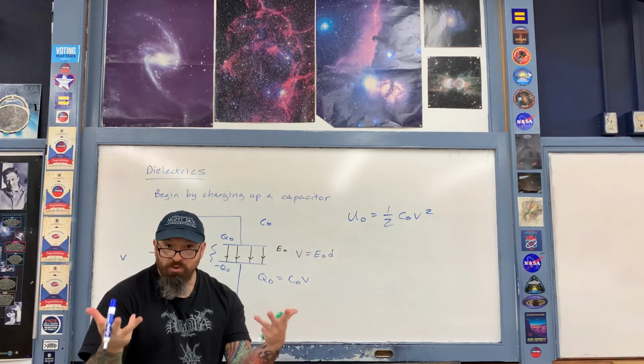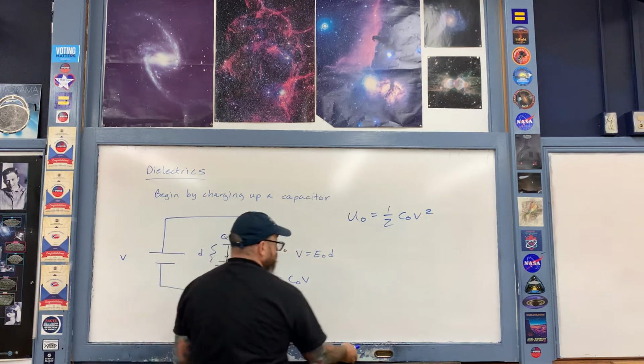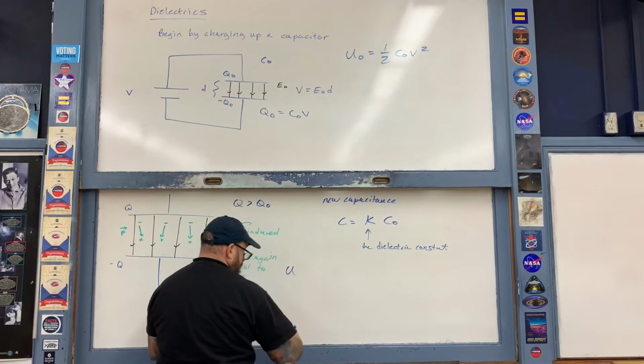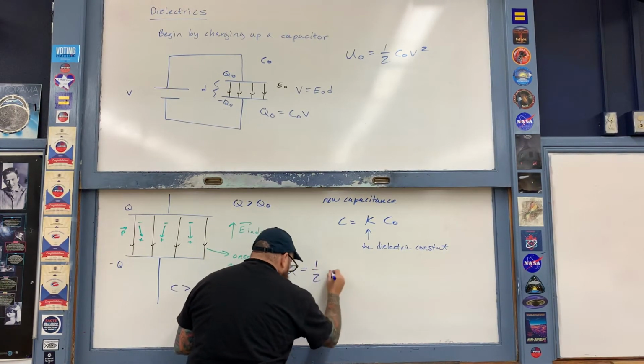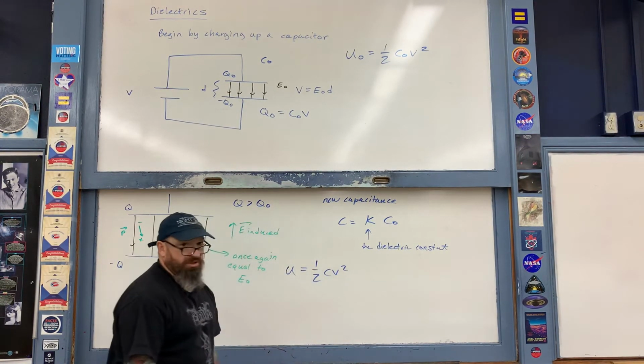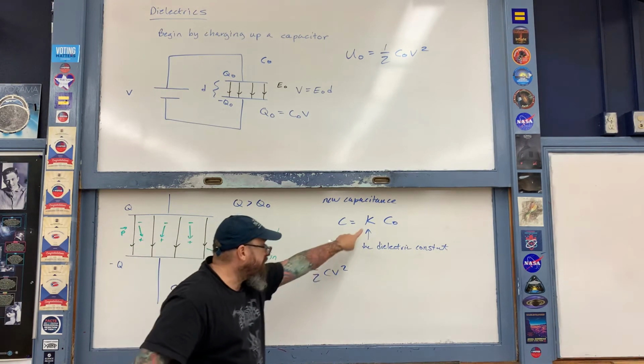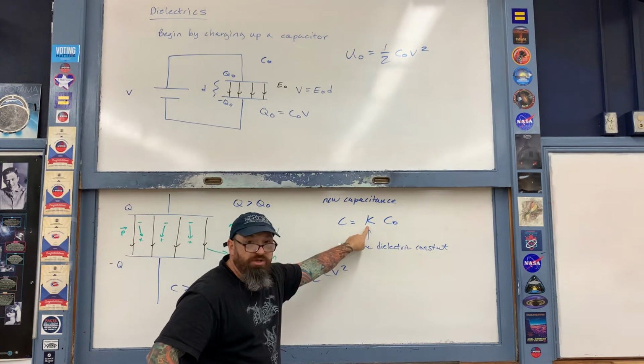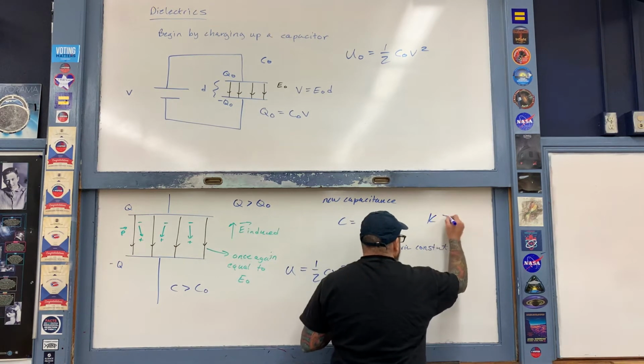What now happens with the new value of the potential energy stored? Well, the new value of the potential energy stored is 1/2 times the new capacitance multiplied by the same voltage squared. And this new capacitance here, of course, is greater than the old capacitance, where this number here, K, is a number that's greater than 1. I should indicate that over here, like so.